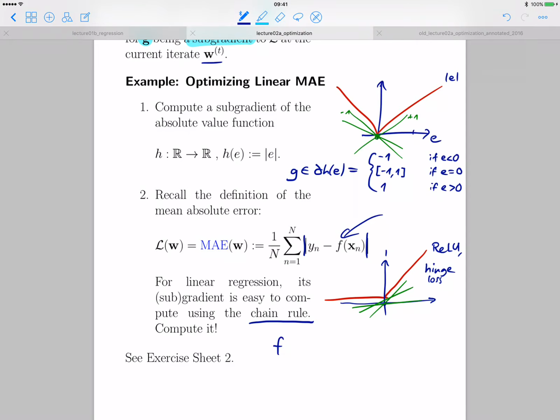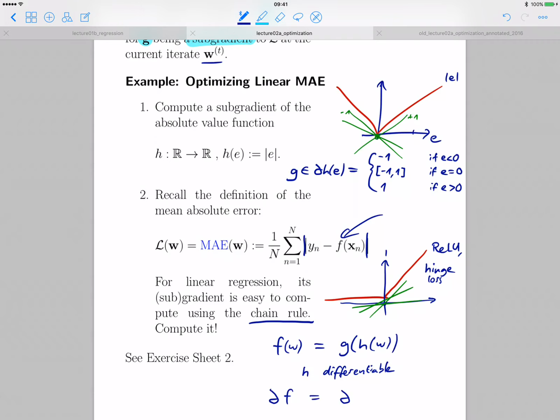If you have f of w is, I don't know, g of h of w, yeah, if h is differentiable, then a subgradient of this thing is actually just a regular chain rule.